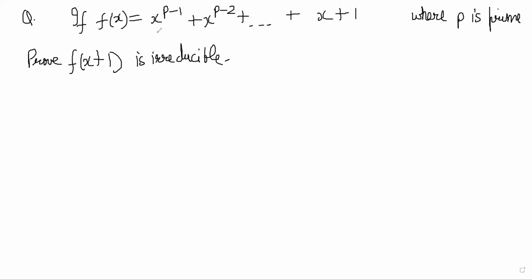First of all, this series seems very familiar. I have seen this type of expansion before, like x^2 + x + 1, or x^3 + x^2 + x + 1.